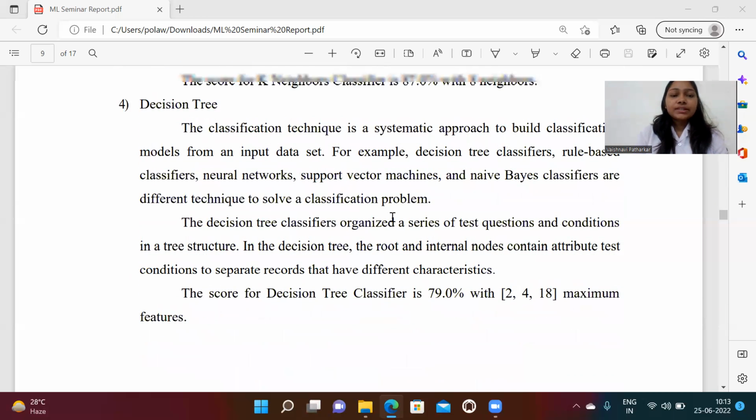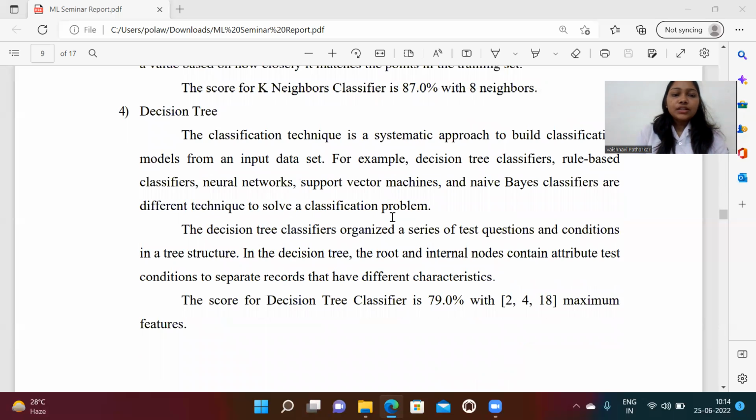The next one is decision tree. This is also a supervised algorithm and can be used for both classification and regression problems. This uses ensemble technique that works with complex datasets. This algorithm is a symmetric approach to solve the classification problem.